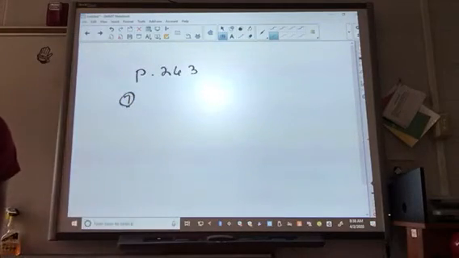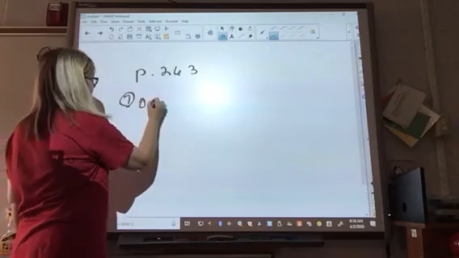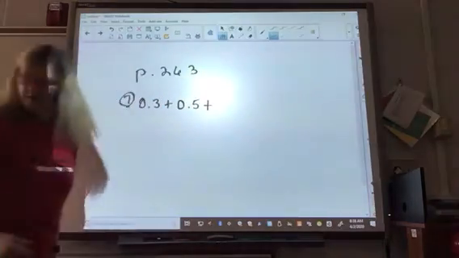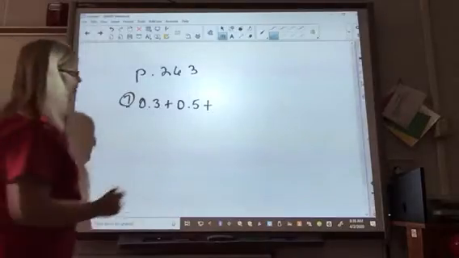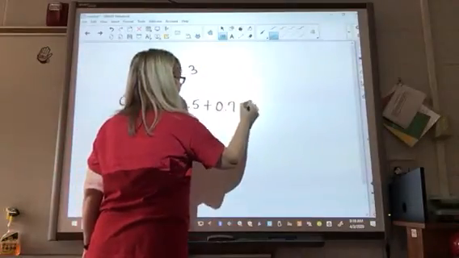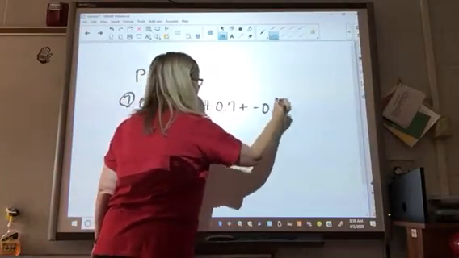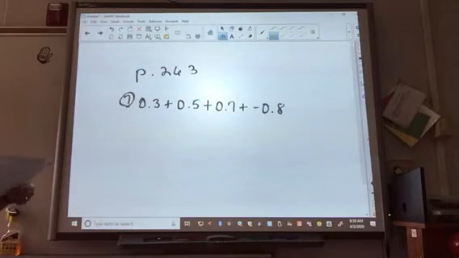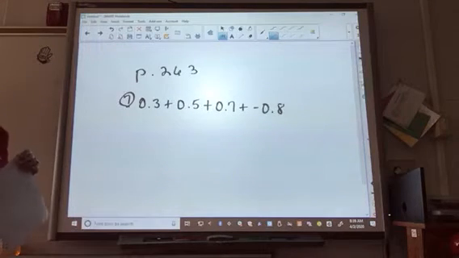you're going to take the probabilities, which is 0.3, add them up, plus 0.5, plus 0.7, plus negative 0.8, okay? And if those add to 1, it is a probability distribution. If they don't add to 1, it is not.